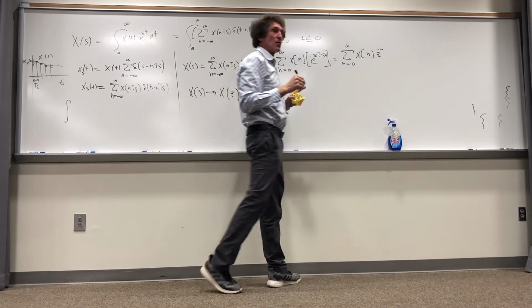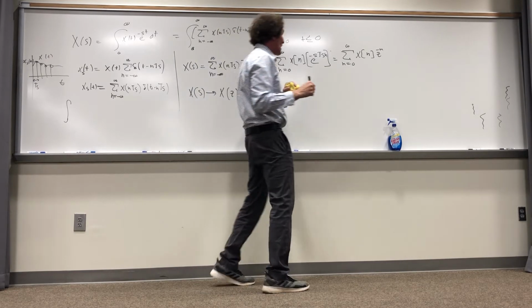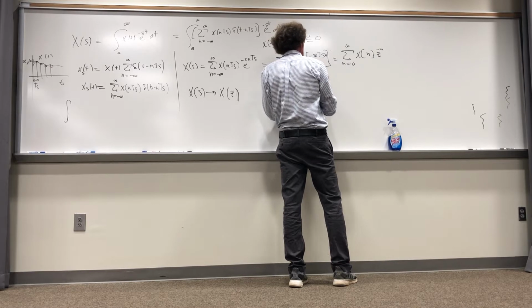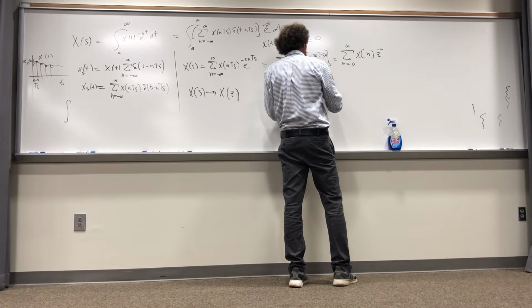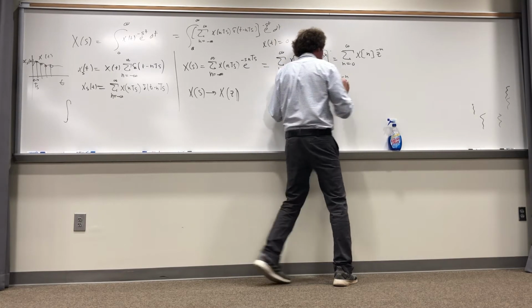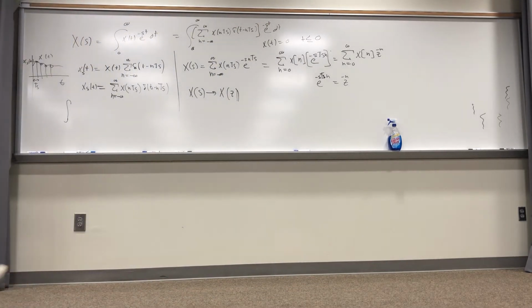That's the standard form. Are you with me? That's the standard form. Which means what? It means that here I have e to the minus sTs, times n, is equal to z to the minus n. Does everybody follow me on this one? I'm equating z to the minus n to e to the minus sTs times n.